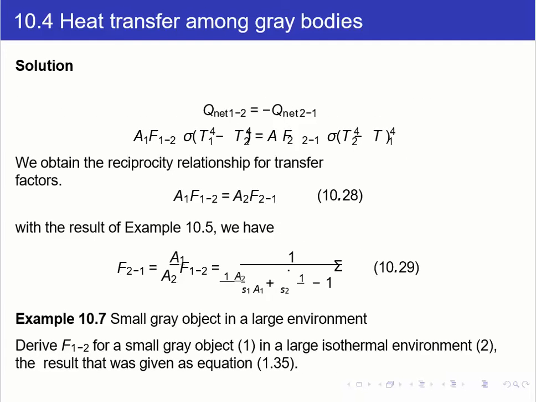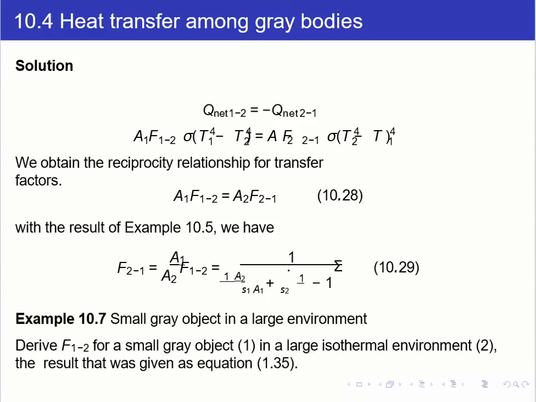Then Q net 1 to 2 is equal to minus Q net 2 to 1. It means A1 F1 to 2 sigma (T1 raised to power 4 minus T2 raised to power 4) is equal to A2 F2 to 1 sigma (T2 raised to power 4 minus T1 raised to power 4).